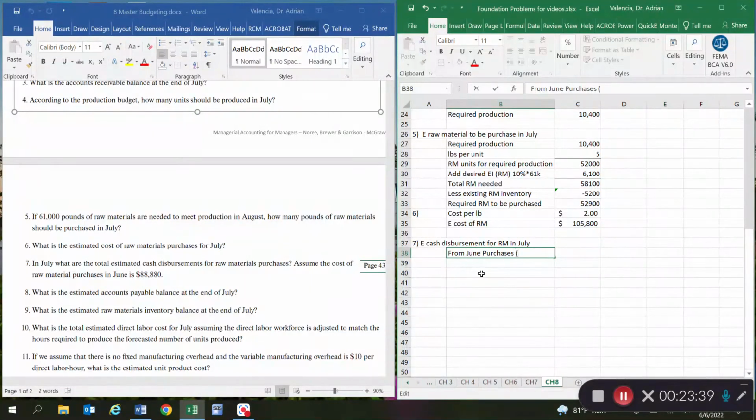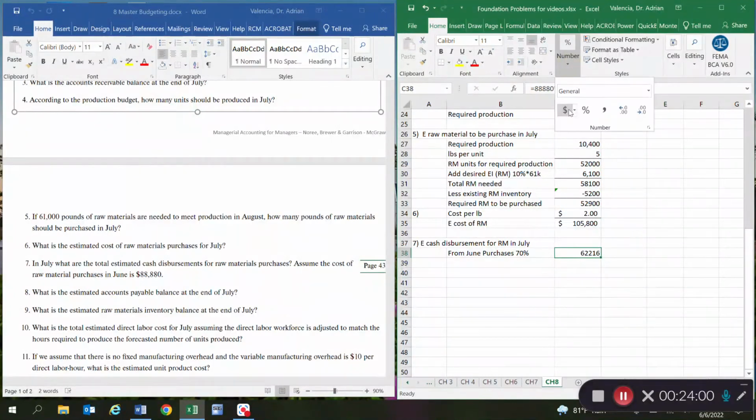So 70% gets paid in July, the month afterwards. So if we bought $88,880 worth of materials in June, in July we're going to be paying 70% of that in terms of cash outflow. Okay, and that's $62,216.